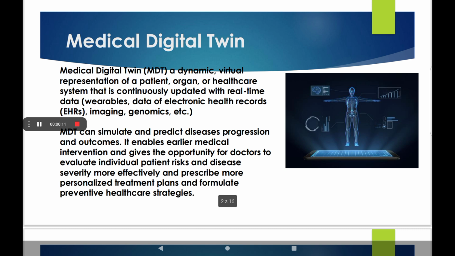Medical digital twins are a dynamic virtual representation of a patient, organ, or healthcare system that continuously updates with real-time data: wearables, data of electronic health records, imaging, genomics. Medical digital twins can simulate and predict disease progression and outcomes.